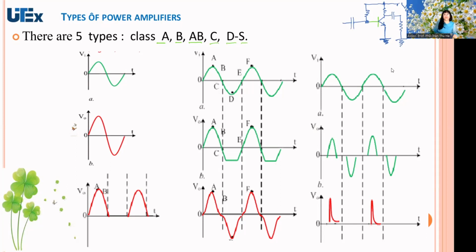Please answer from the textbook, okay? What kind of configuration and what kind of biasing does this drawn circuit have? The biasing and configuration. Please answer.